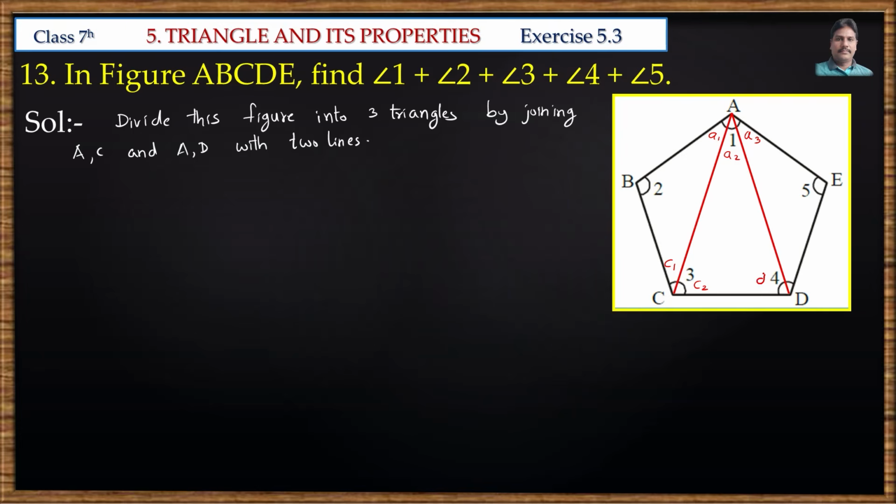Suppose this is part D1 and this is part D2. Here angle 1 is equal to A1 plus A2 plus A3. Angle 3 is equal to C1 plus C2 and angle 4 is equal to D1 plus D2, by angle sum property.